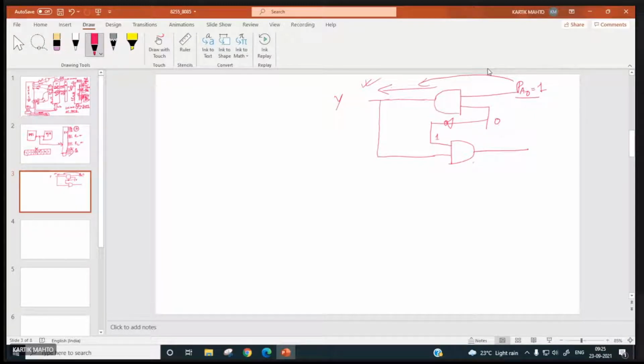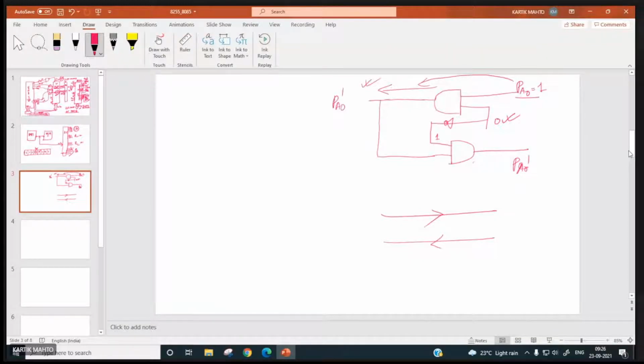Now, suppose this side we have Y0, or make it PA0 dash. What will happen? Now this PA0 dash is going to appear over here, no? So if you give 0, the pin is going to be an outward pin. If you give 1, then the same pin will become inward, incoming.